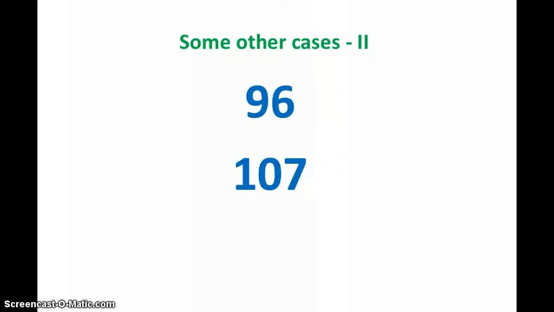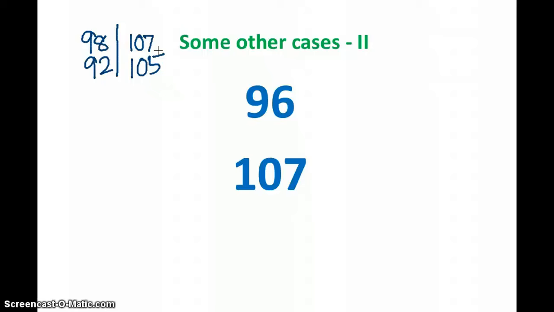Hello everyone. Now we are going to discuss one more case which is pending, as I told in the last lecture. If you have observed till now, we have always been doing something: either the numbers are less than 100, let's say 98 and 92, or we are taking numbers like 107, 105, 112, which are more than 100.